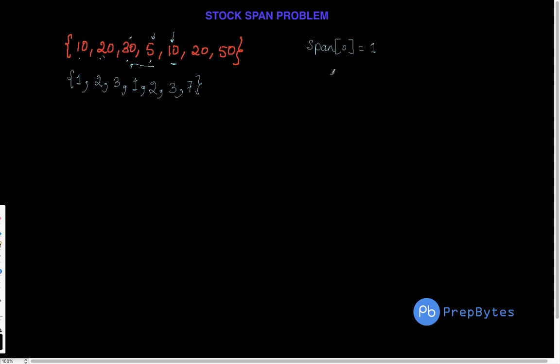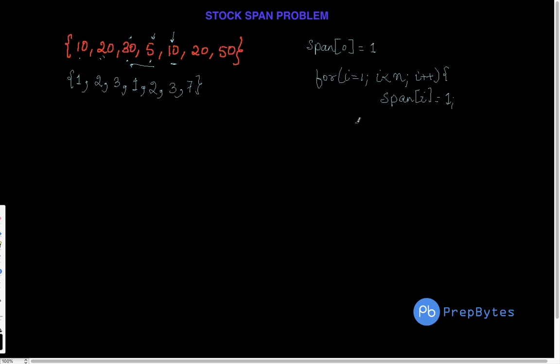Okay, and then we'll run a loop from i equal to 1 to n minus 1. For every i, or for every day, we'll initialize the span with 1, because 1 is going to be there by default irrespective of whether there is any consecutive day with less value or not.